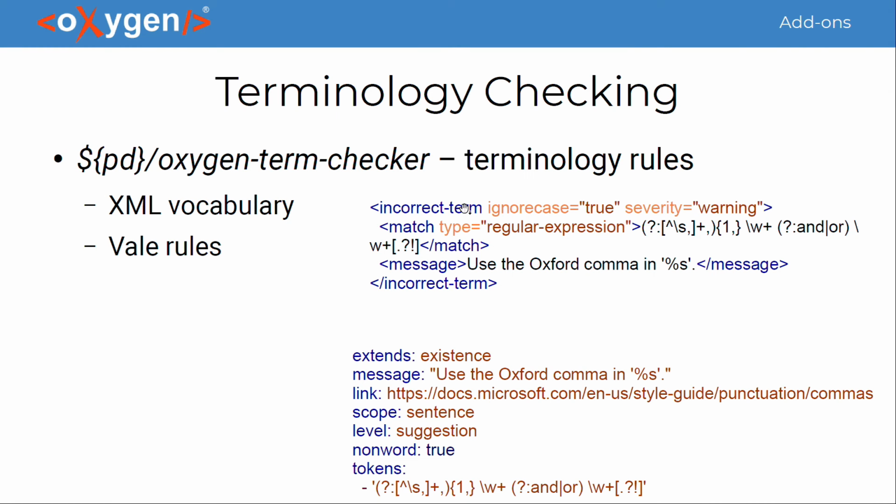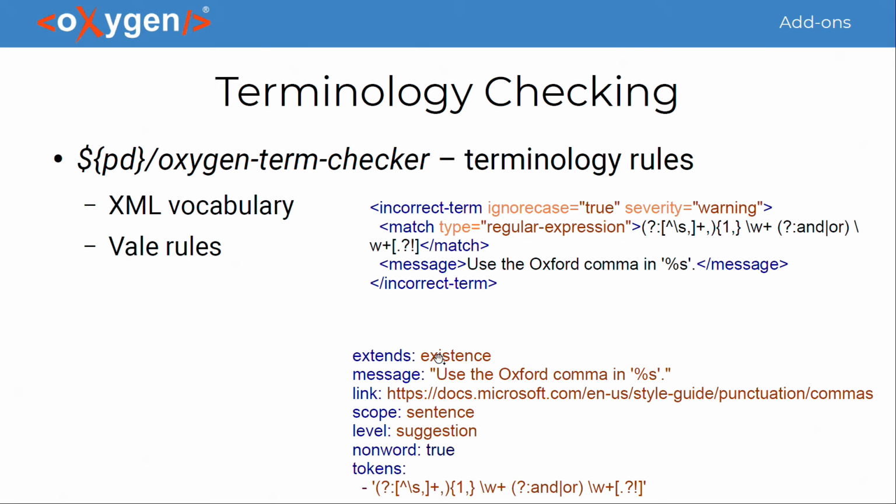You define an incorrect term, for matching that term you use a regular expression, and you give the message. But we also support Vale rules. Vale is a linter for static analysis on prose, and there are a number of style guides implemented in Vale.